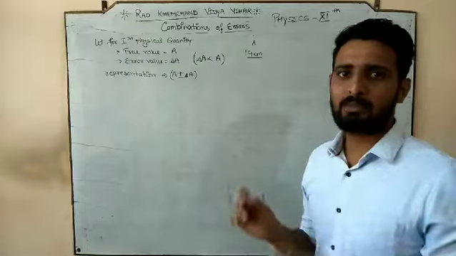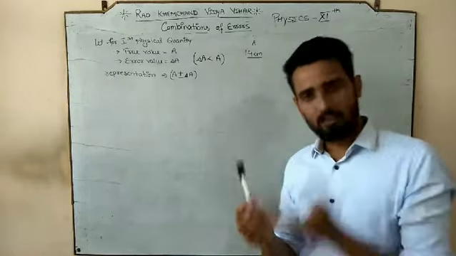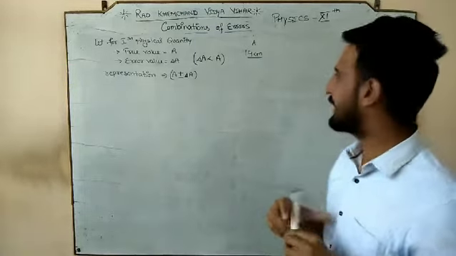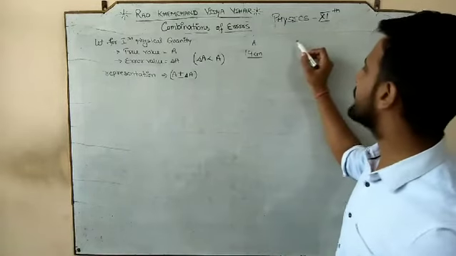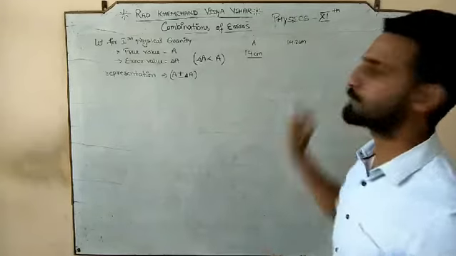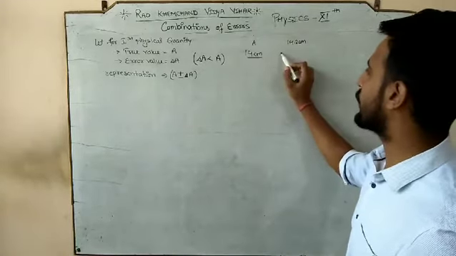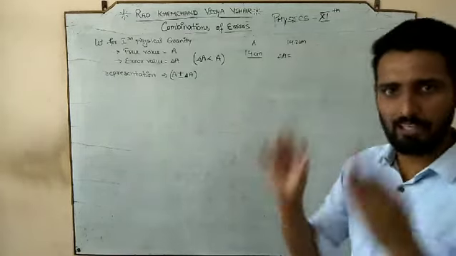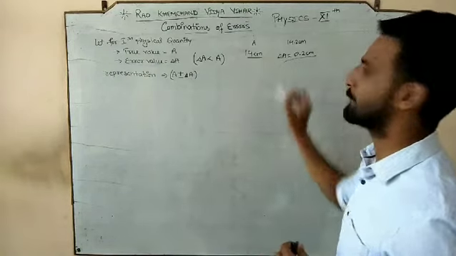Let's suppose a student performed the experiment and measured the length of this marker using the scale, and found the measured value is 14.2 centimeter. So this is your true value, this is your measured value. So what is your error here? It is the true value minus the measured value in modulus, and it would be 0.2 centimeter.